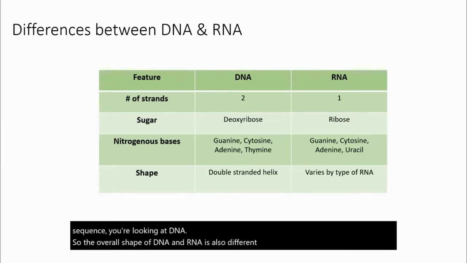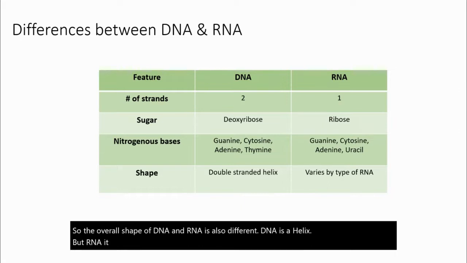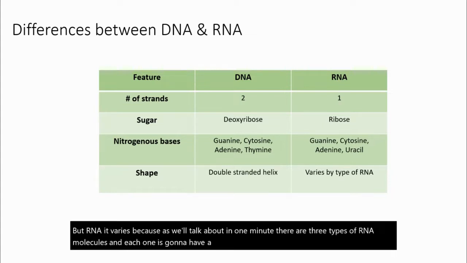DNA is a helix, but RNA varies because, as we'll talk about in a minute, there are 3 types of RNA molecules, and each one is going to have a different shape because it has a different function. Okay? So these are just a few of the differences between these 2 molecules.